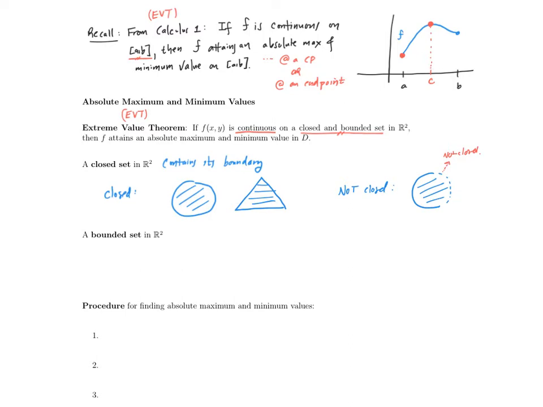And luckily for us, we can approach this from a very intuitive perspective. Similarly, a bounded set in R2 is, simply put, one that we can draw a box around. What we mean by saying we can draw a box around it is that it does not grow indefinitely.